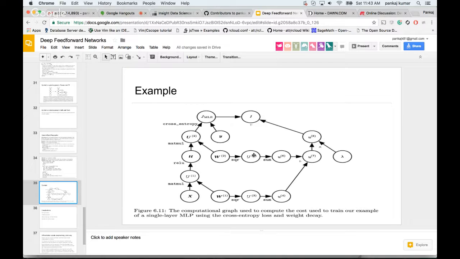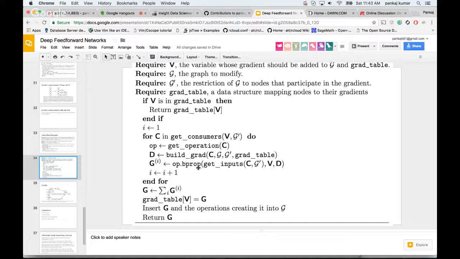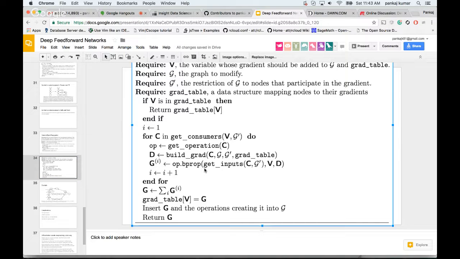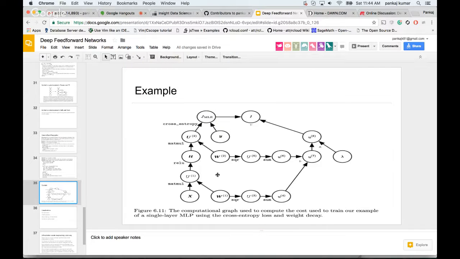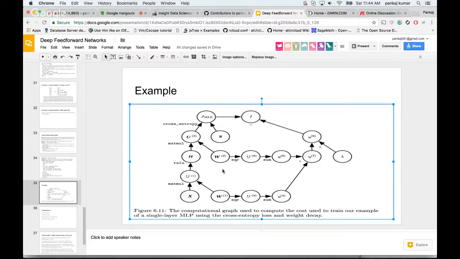So it will compute the gradient with respect to U5. After all its downstream elements have been computed, it also gets the G_i, which is the gradient with respect to that output. In this figure, W2 has two outputs, U2 and U5.